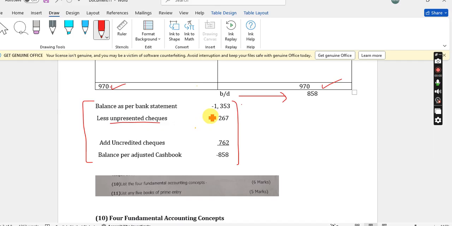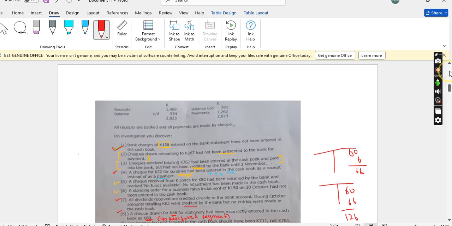So you're going to subtract: negative 1,353 minus 267. You'll get a figure. Then the other transaction that was missed.